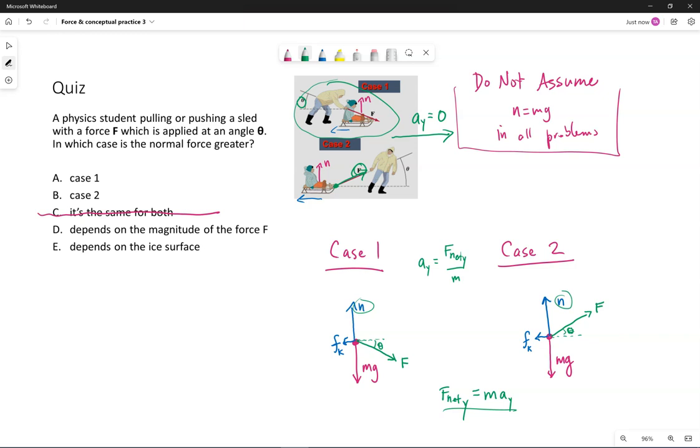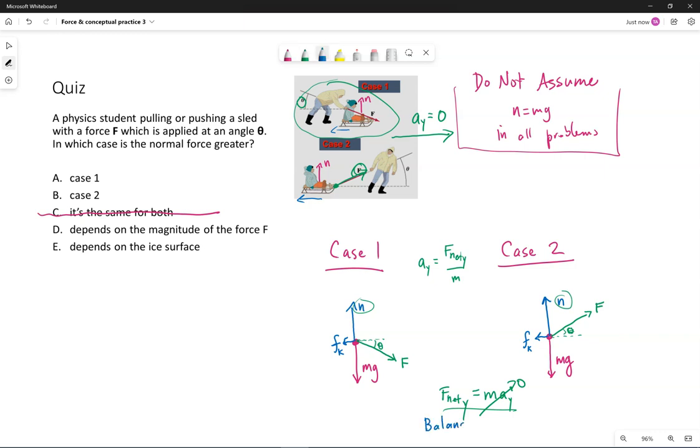So the child would actually have to be lifting off the snow, flying into the air, or sinking deeper and deeper into the snow somehow. So there is no acceleration in the y direction, meaning the net force needs to be 0 in the y direction. So we need to balance the forces.